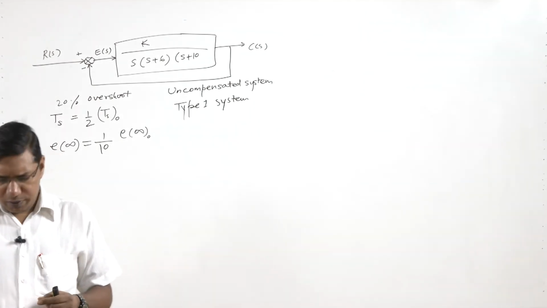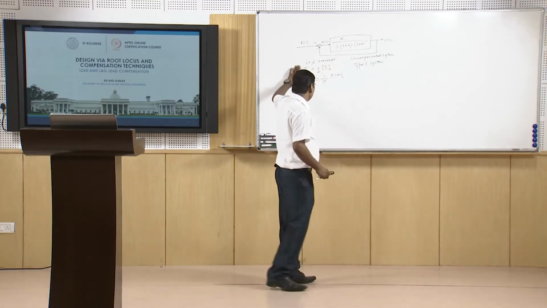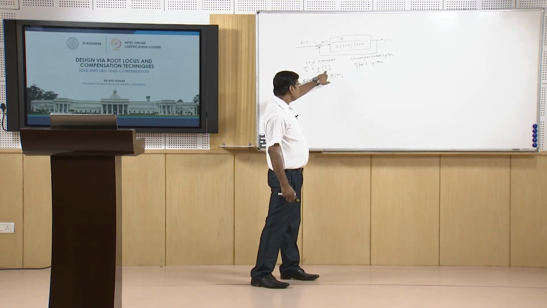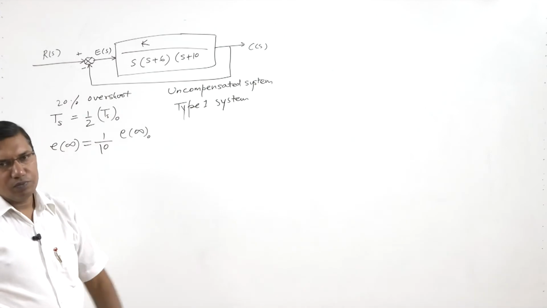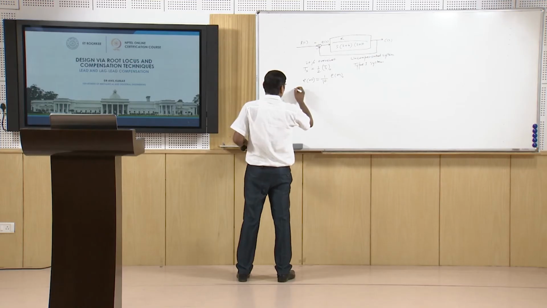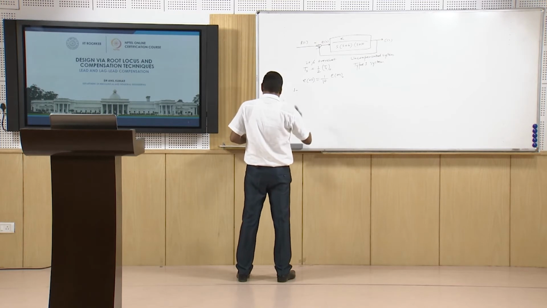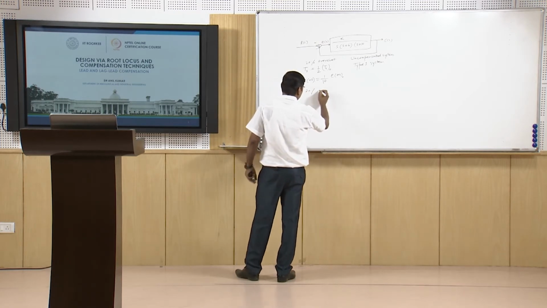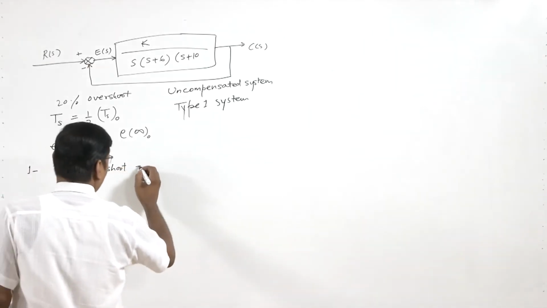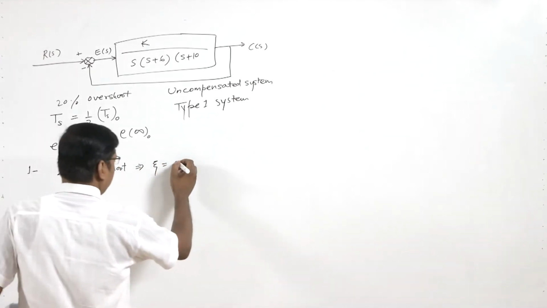Now when we want to design the system, first for these conditions, we have to calculate the settling time and steady state error for the original system. So we will calculate for 20% overshoot, which is equivalent to damping ratio equal to 0.456.